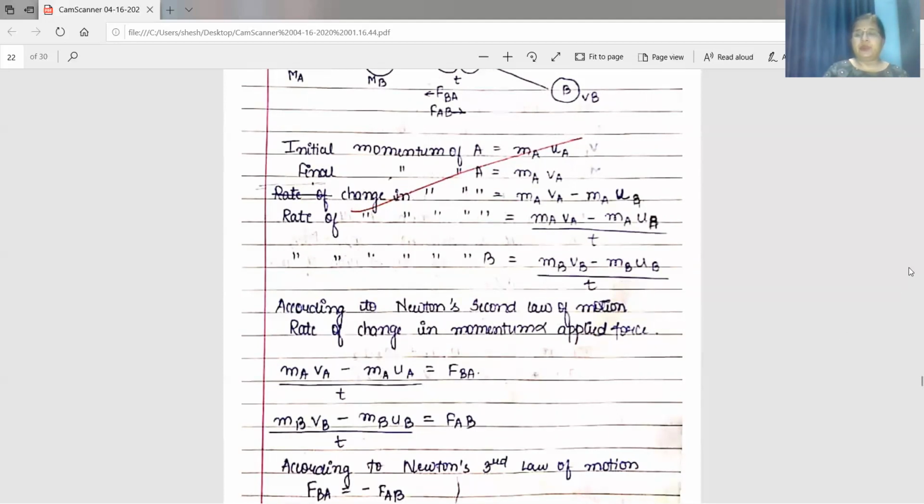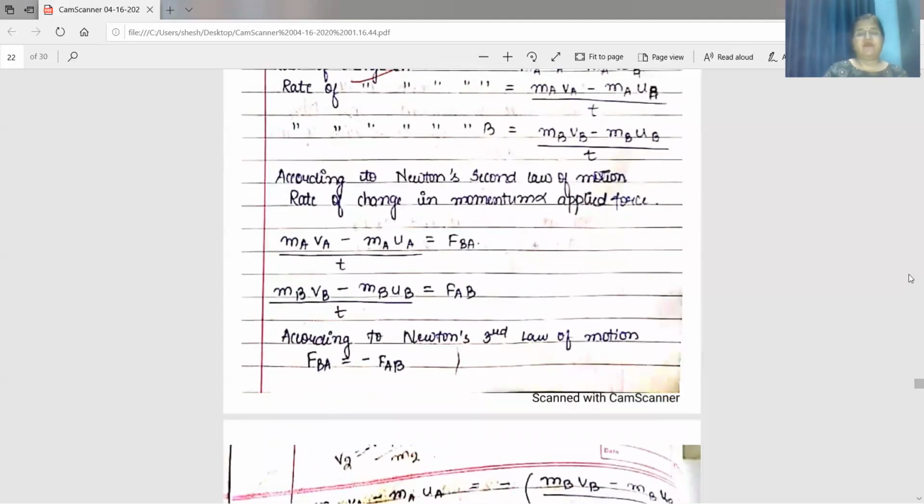Then according to Newton's third law of motion, to every action there is equal and opposite reaction. So FBA will be equal to minus FAB. Keep it in mind that you have to write minus here, because opposite means minus. If you forget, it will become wrong.